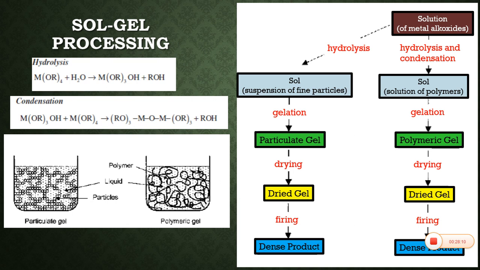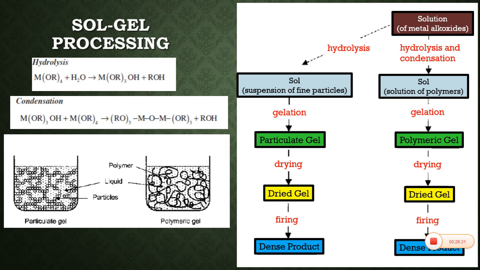It leads to the formation of two types of gels. Here it is important to distinguish between the two gels, depending upon the sol or the solution which we are using. The gels produced are of two types.